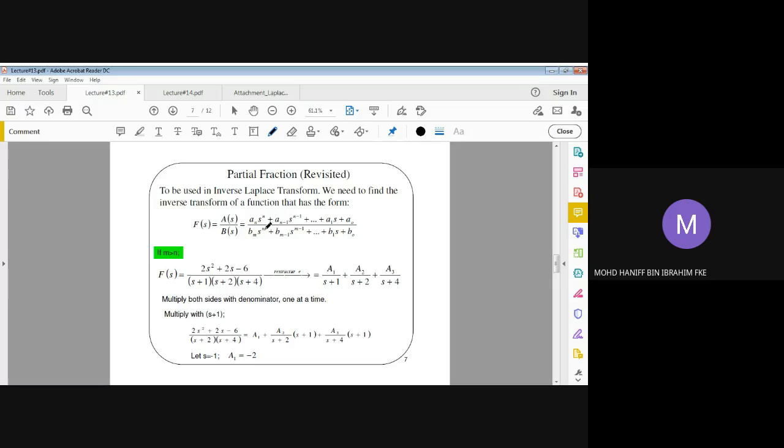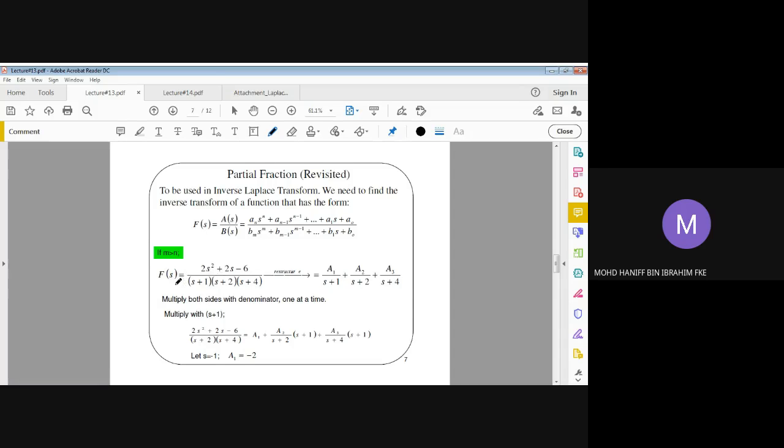If we have a proper rational function, where the power n of the numerator is smaller than the power m of the denominator, n is smaller than m, then this is the method of solving the partial fractions.